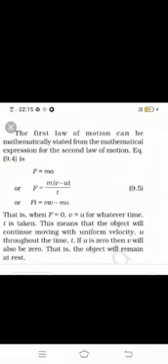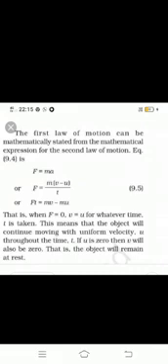So how can we prove this mathematically? Here, the first law of motion can be derived from the mathematical expression for the second law of motion. We know the second law of motion, F equal ma, or F equal m times a, because a equal (v minus u) by t.